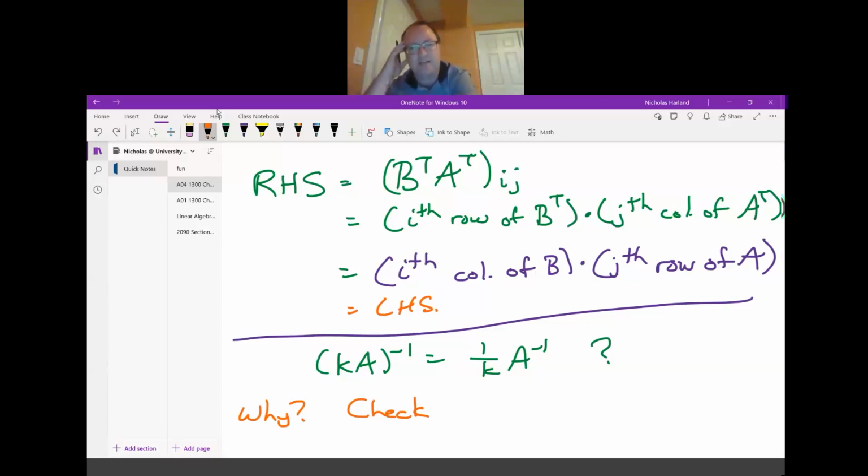How do we show something's the inverse again? I think we did an example where we showed something was the inverse. What did we do to show something was the inverse?